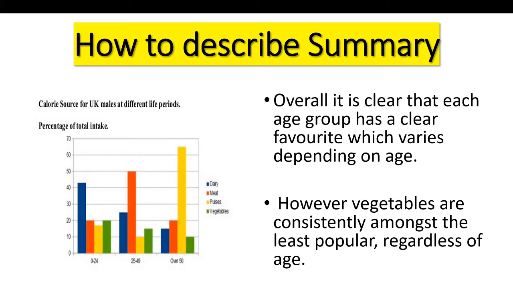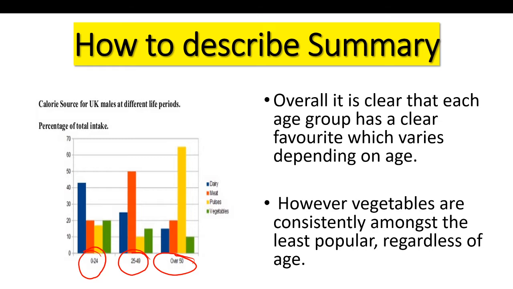So what was favorite? Dairy was favorite in 0 to 24, then meat in 25 to 49, and over 50 is pulses. So these are the three categories. Each has their own favorite, you can talk about item of eating subject to their age group.